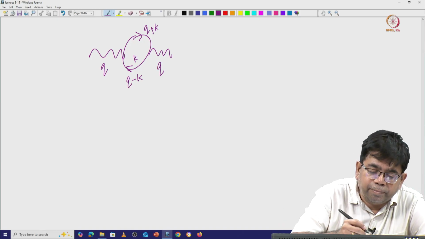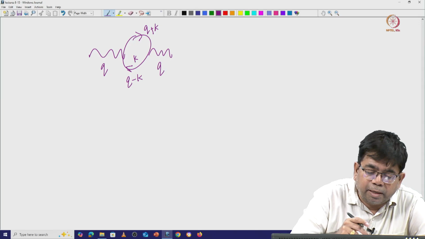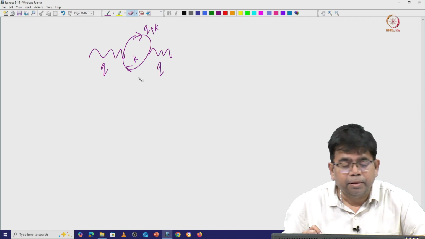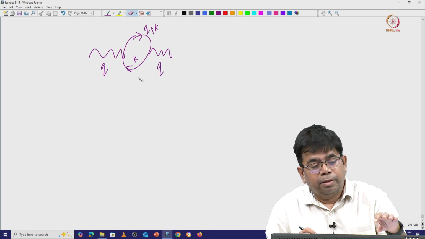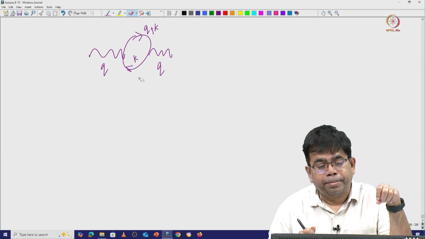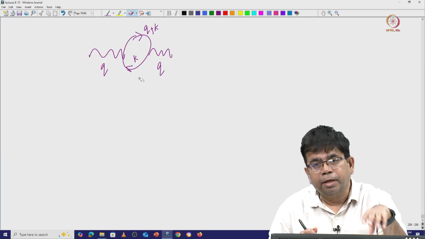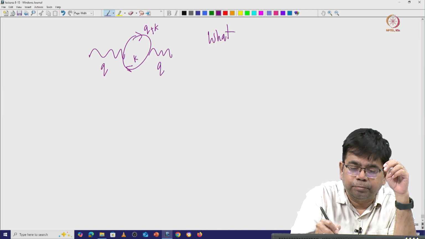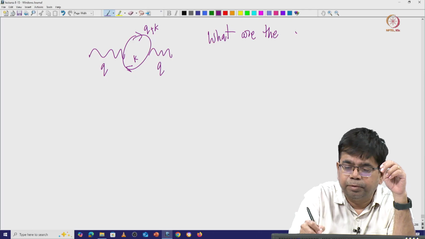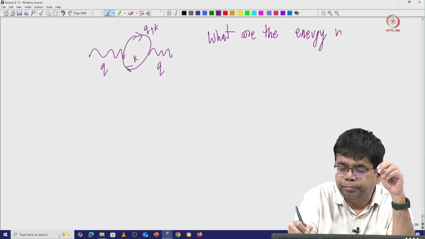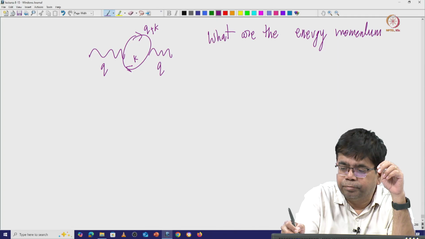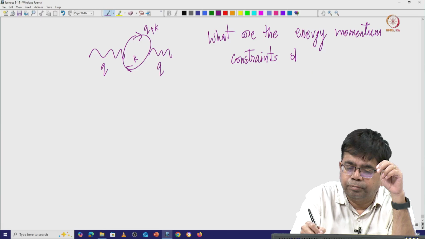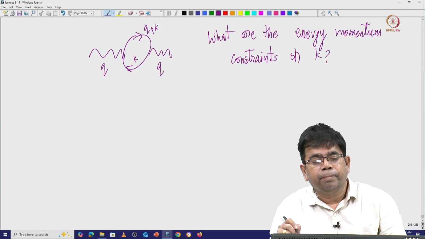This has a momentum k. So k goes in, k plus q comes out. Now what are the constraints on k? The momentum k.